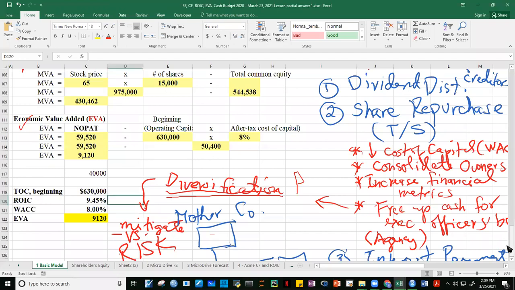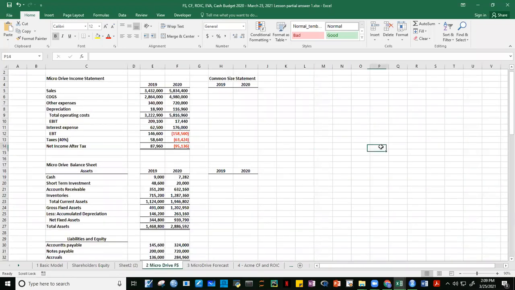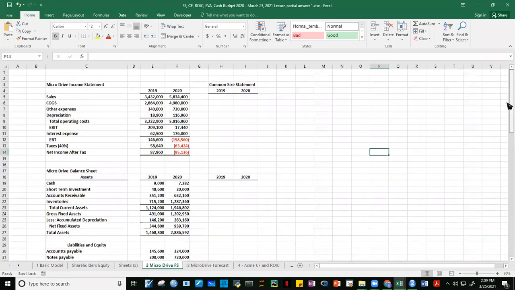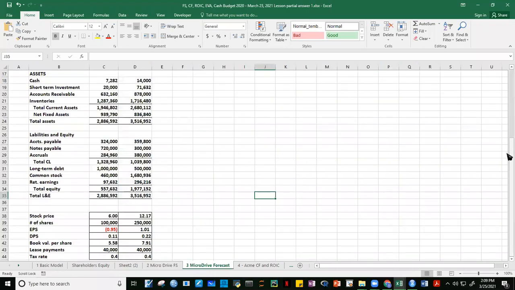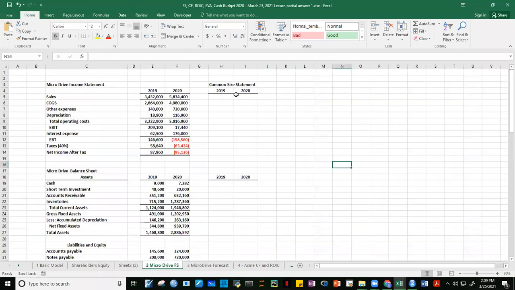We have a few more minutes left. Let me show you what we'll be doing next. Okay, let's start this, because I think this is as far as we can go: computing the common size statement. What is a common size statement? Has anyone heard of this term?